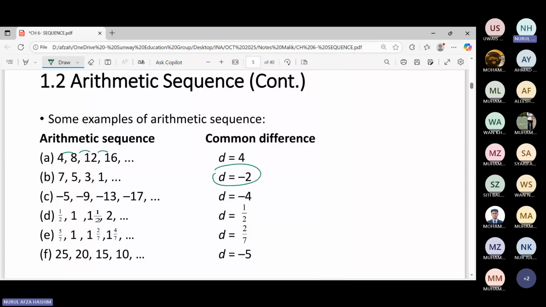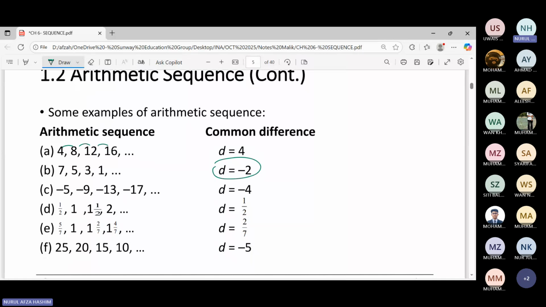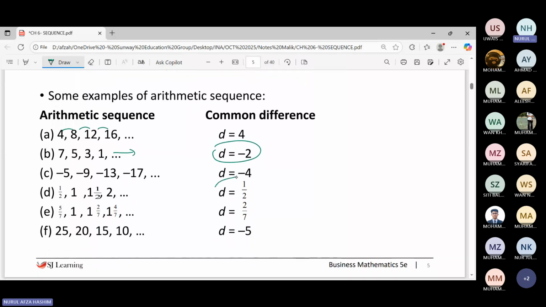Then the sequence becomes smaller, because you add a negative value, so it gets lesser and lesser. Or the difference can be a fraction. So the difference can be positive, negative or a fraction, but it must be the same number.